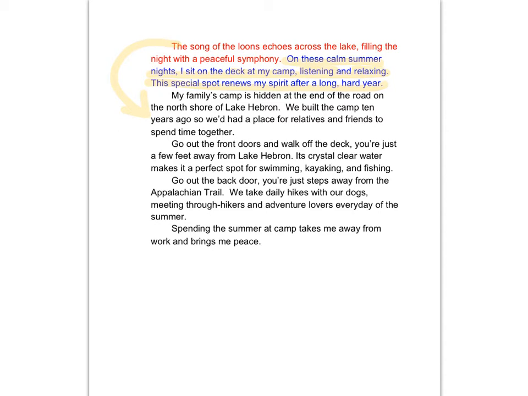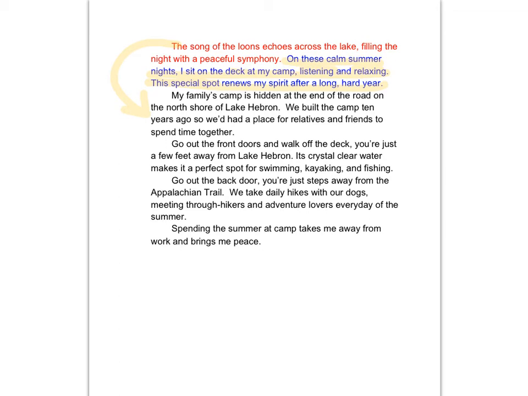And then the other thing that will help you connect this Song of the Loons to the story of my camp is that this is a special spot. So what I did is I took a setting the mood lead, and then I carefully thought about how I can connect that idea with what I had already written about my family's camp.